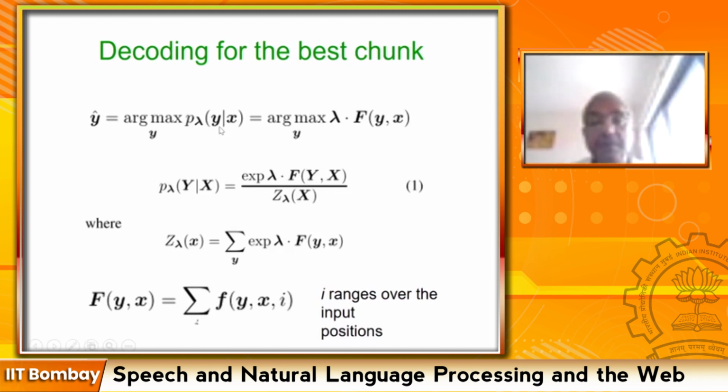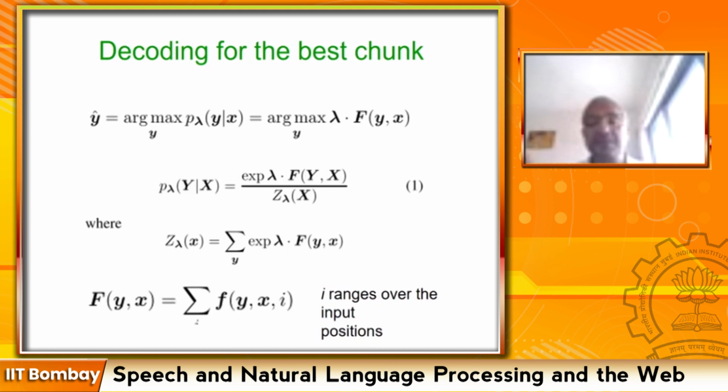So this y given x is modeled as lambda dot f(y, x), and the probability of y given x is e to the power lambda dot f(y, x) divided by Z lambda x. So essentially what you're doing is taking the weighted values of the features. The features are made numerical.